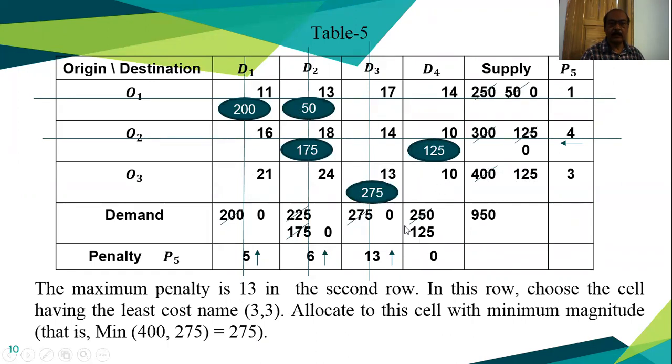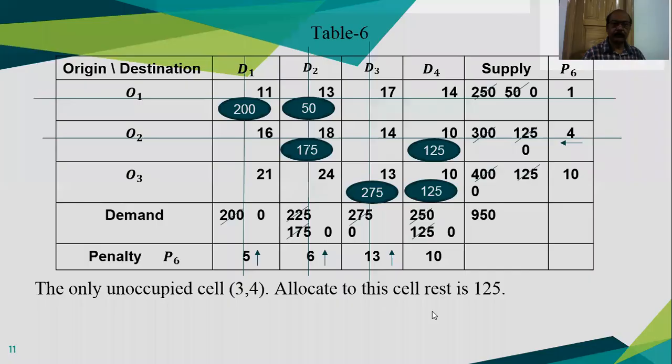And the demand till now is 125, and the available is 125, so we can allocate here without calculating the penalty. So the rest is only one cell, the 3-4, where we can allocate the 125, because the available is 125 and demand is 125.